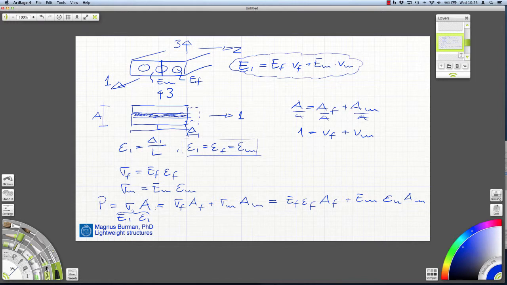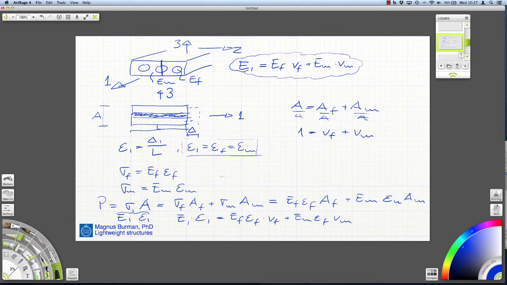That means that if we put this in this equation, we will have E1 times epsilon 1 equals EF epsilon F times the volume fraction of the fiber plus EM epsilon M times the volume fraction of the matrix.